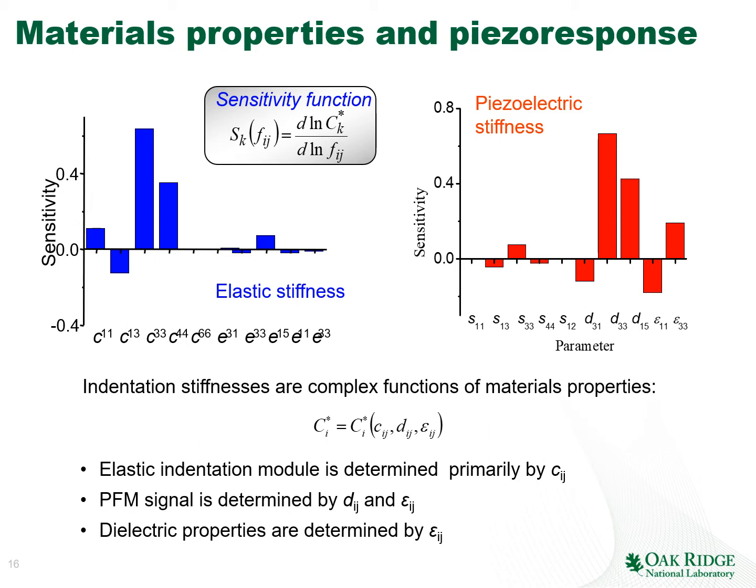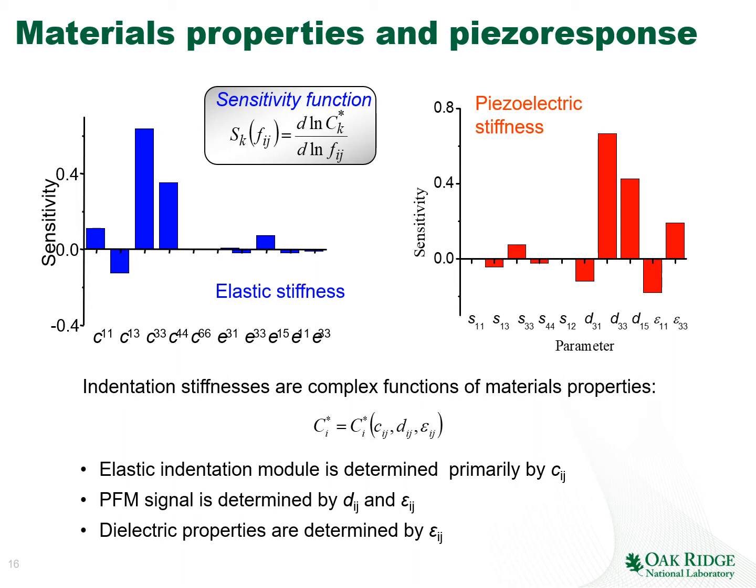So even though this parameter C3 is a very complex function of all material properties, practically the dependence on the elastic part is actually very weak. However, it is very strongly dependent on the d33 and the d15, and when we say that in the zero approximation our piezoelectric stiffness is actually d33, that's exactly correct, so the numerical analysis confirms it.